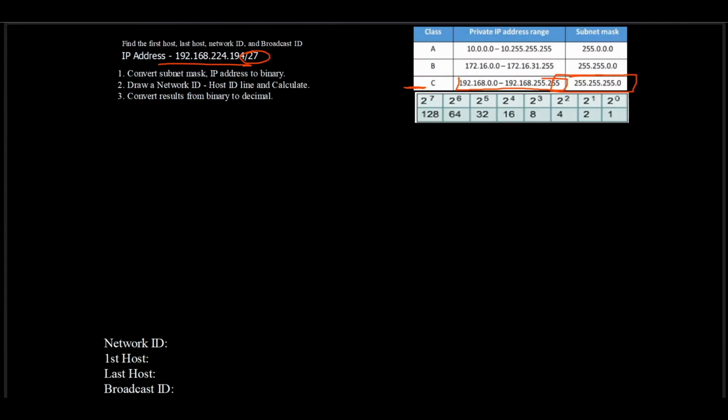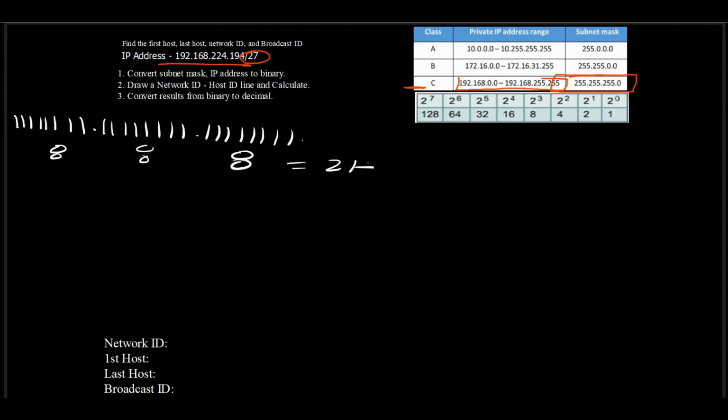So let's find out the subnet. Let's write down the subnet mask for this IP address. Here are 8 ones, 8 ones, and 8 ones. Now we have 24, because 8 plus 8 plus 8 equals 24, right?